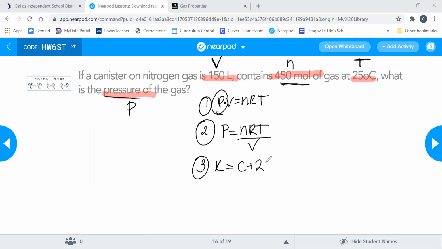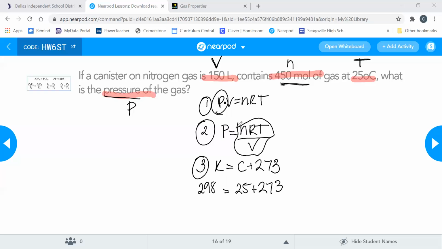Celsius plus 273. So I'm gonna do 25 plus 273, and I get, let me check, I need to put it in the calculator, 298. After that, I just gotta plug it in. This is the formula that I'm gonna use.